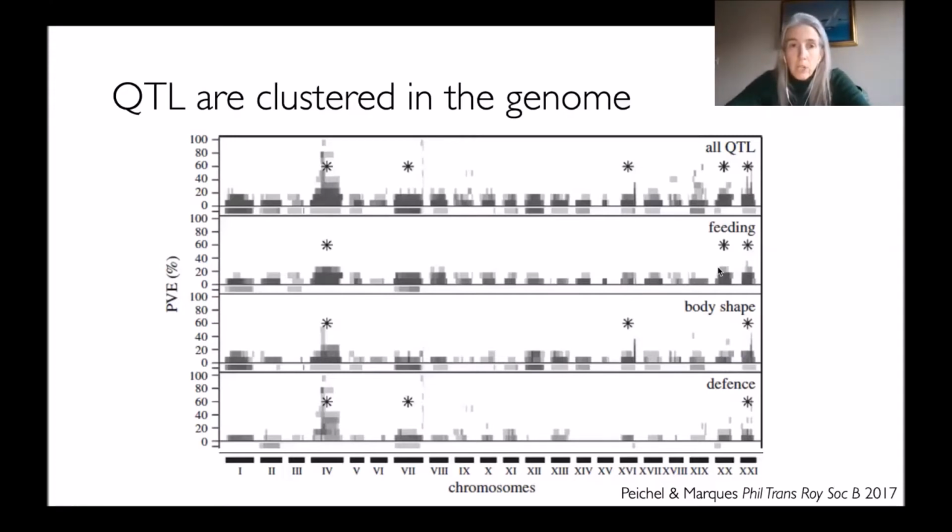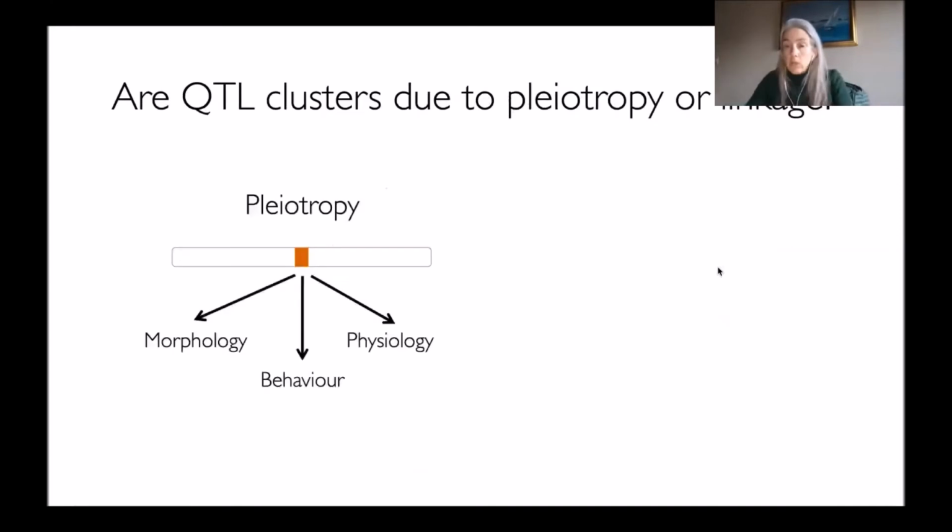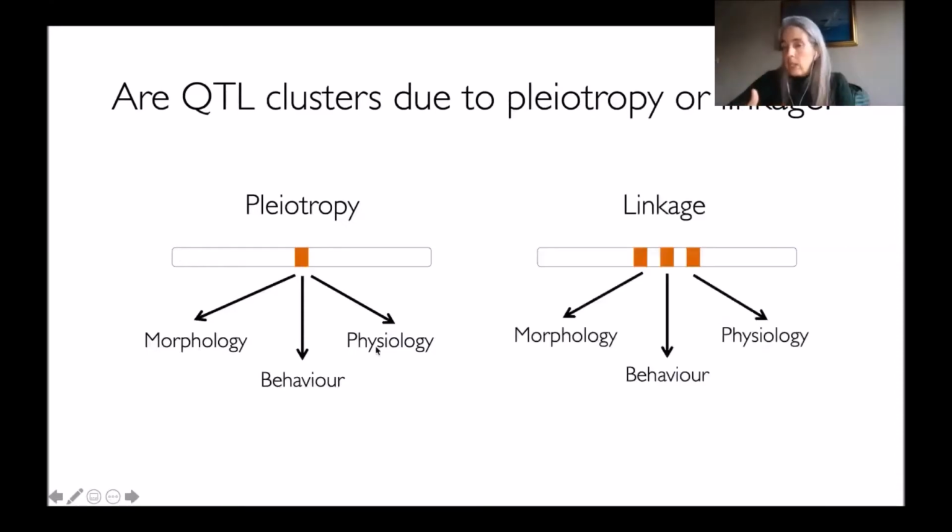But the question that we really wanted to ask then is, well, how are these clusters formed? Are they due to a single mutation that has pleiotropic effects on different phenotypes, so multiple morphologies or behavior, physiology? Or is it that there's linkage of multiple mutations, and each of these mutations separately affects different traits?